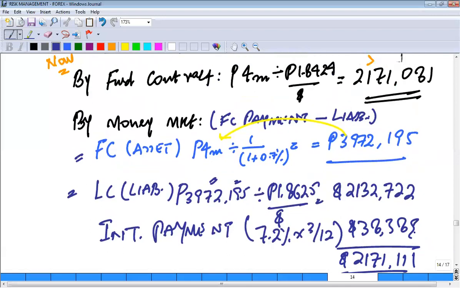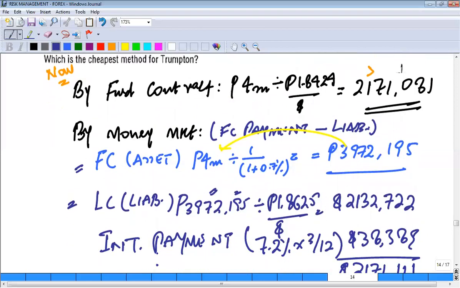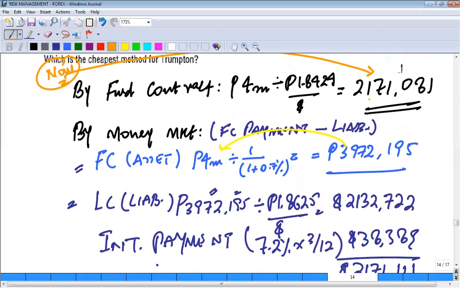I hope there is no confusion at all on your side. If you have any confusion, do let me know accordingly. Okay. Next, before applying the matter, you have to know a very important thing first. Our standing is now, and by forward contract we have to pay after 3 months.